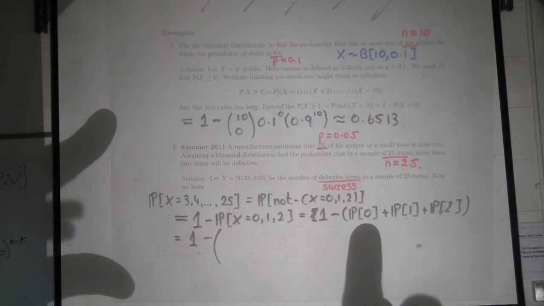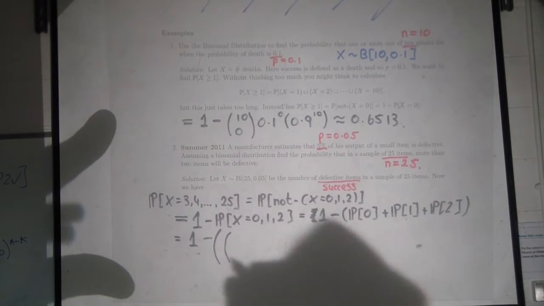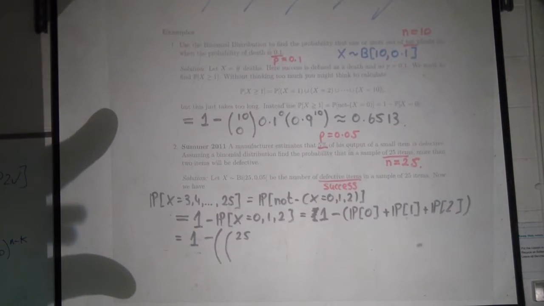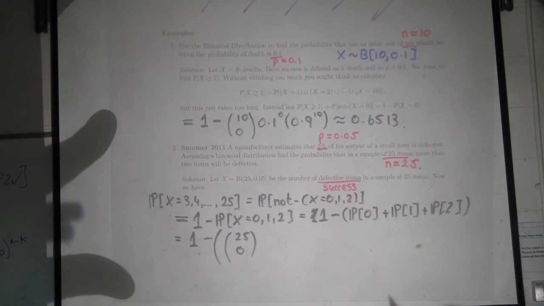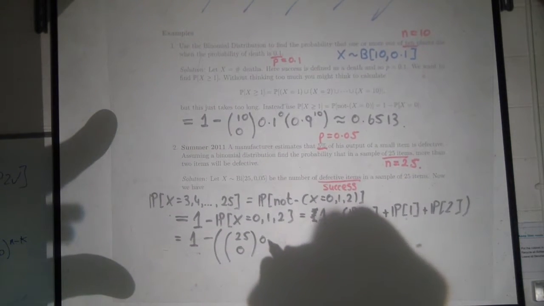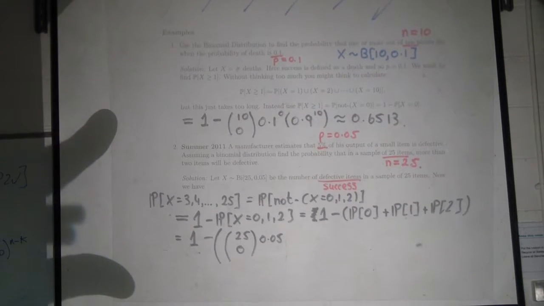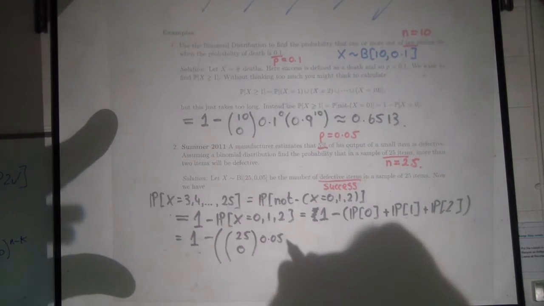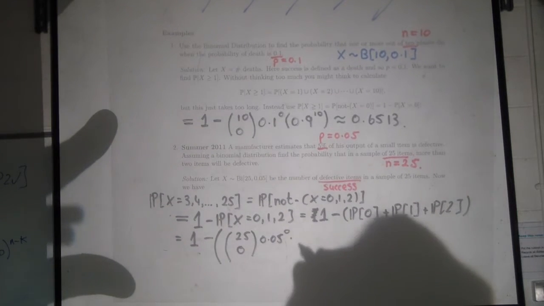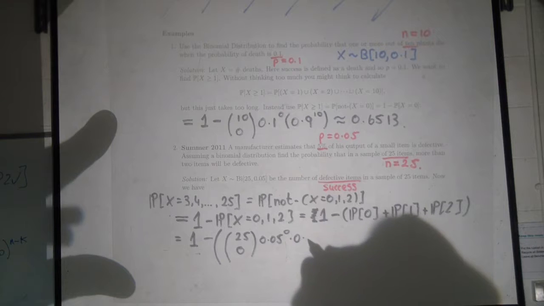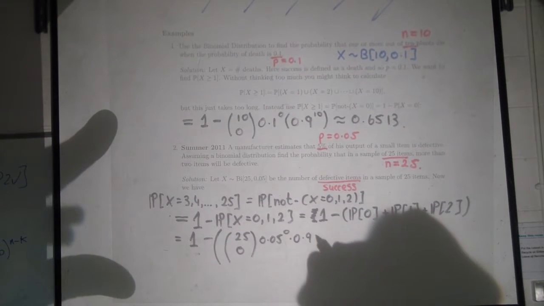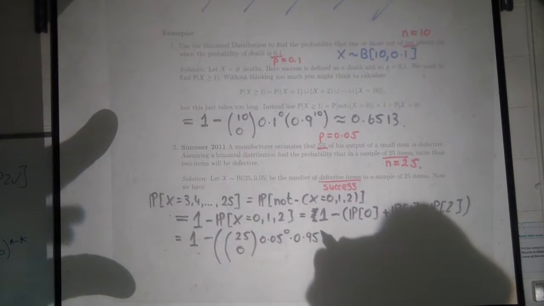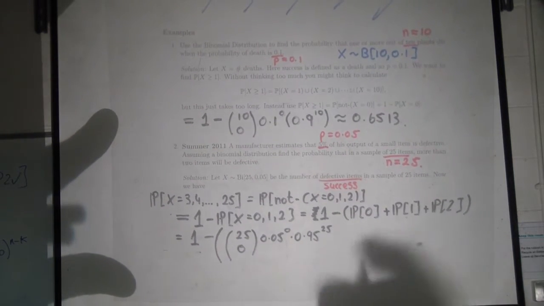And what's n? 25. Choose, what's k? 0. p, what's p? 0.05. What's k? 0, yeah. What's 1 minus p? 0.95. What's n minus k? 25. So that's the first one.